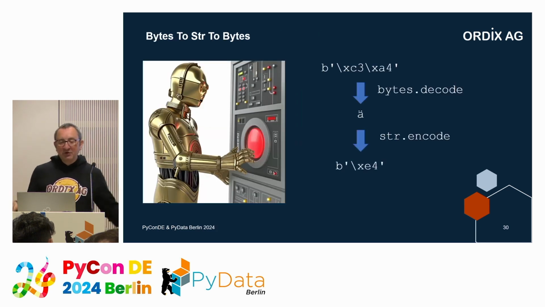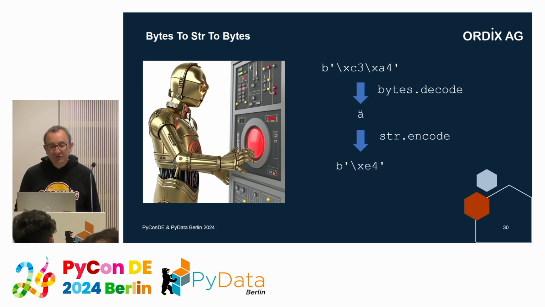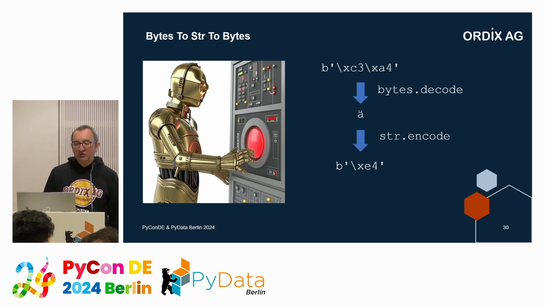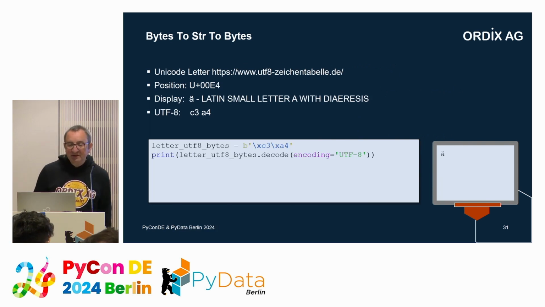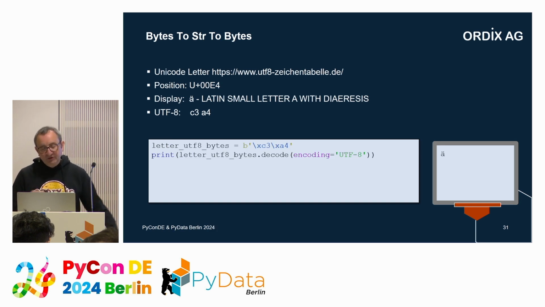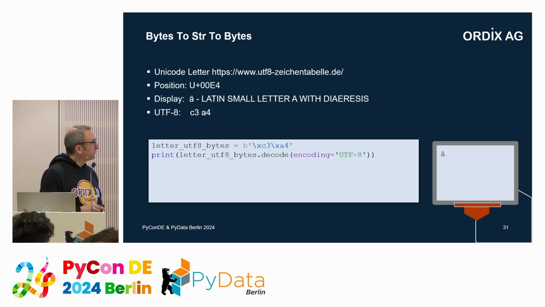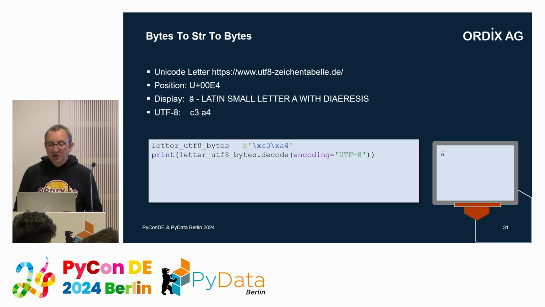So how do you go from bytes to string and to bytes? You use the functions bytes decode or string encode. And if you have bytes C3 A4, then you can decode this with, for example, UTF-8. And this is a small letter A with diaeresis. So you have a byte stream, and you use the decode function and use the correct encoding.